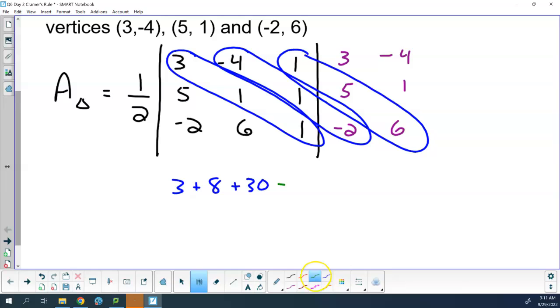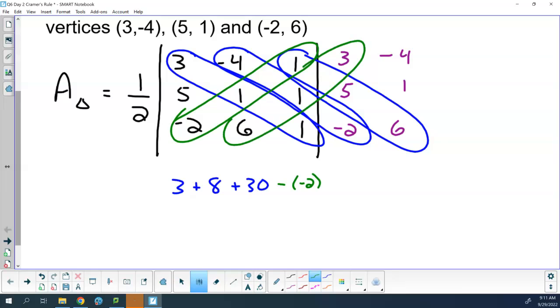Then I've got to subtract off my crosses. Minus -2 times 1 times 1 is -2. Minus 3 times 1 times 6 is 18. Minus 1 times 5 times -4 is -20.